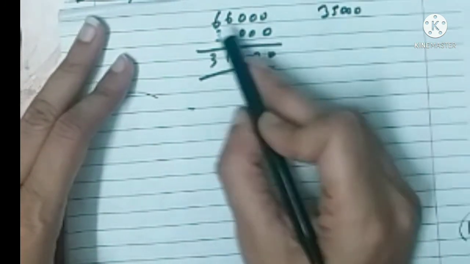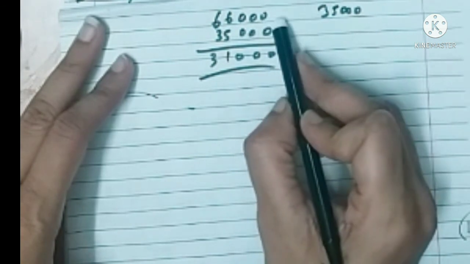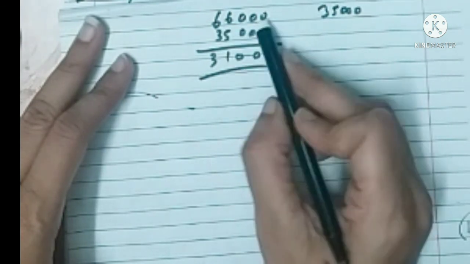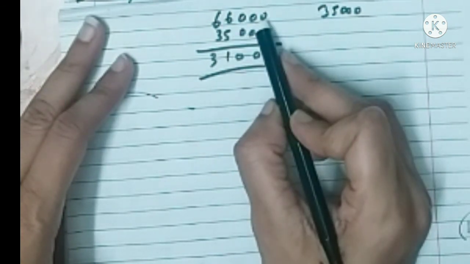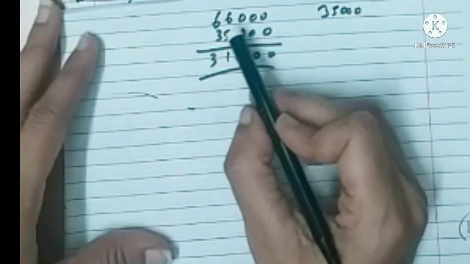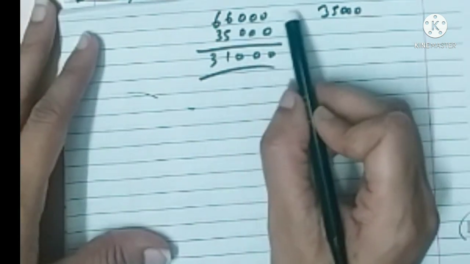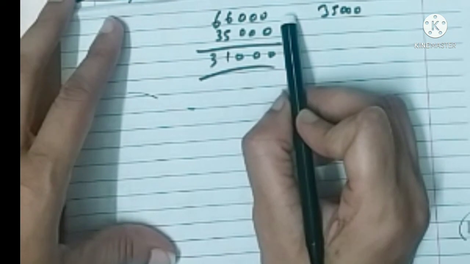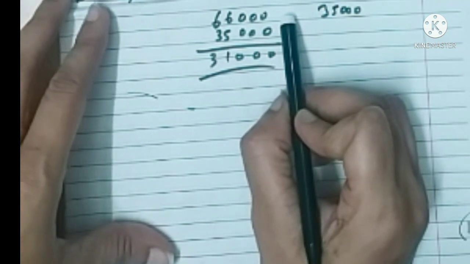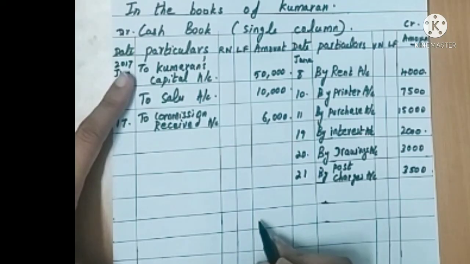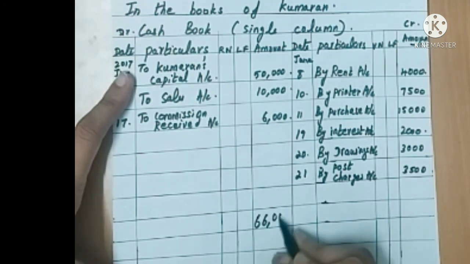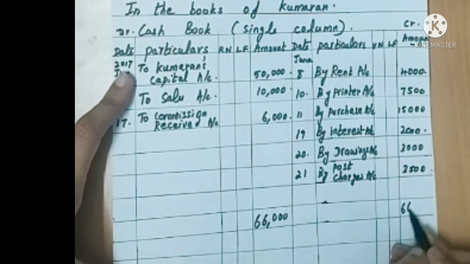On the debit side, we get rupees 66,000. We have to write the higher total on debit side and credit side. So the higher total is 66,000 rupees. So now I'm going to write the higher total on debit side and credit side. Higher total is 66,000 rupees.